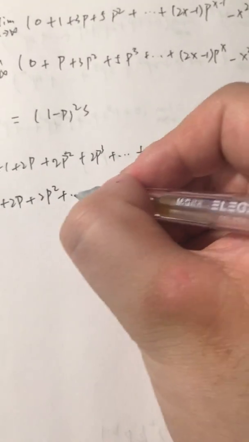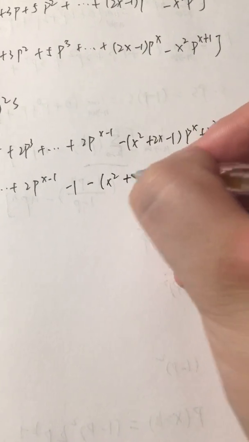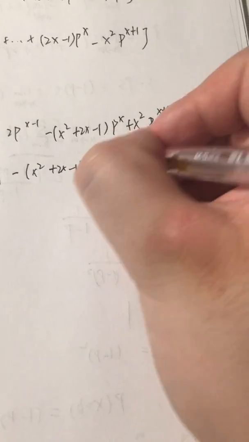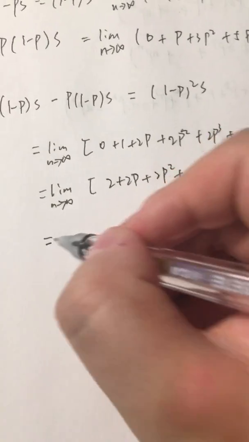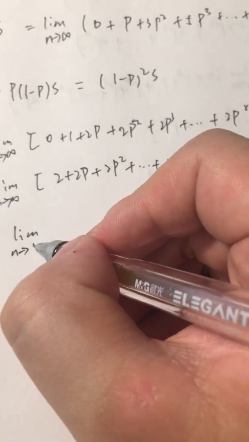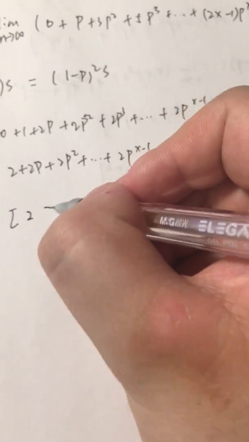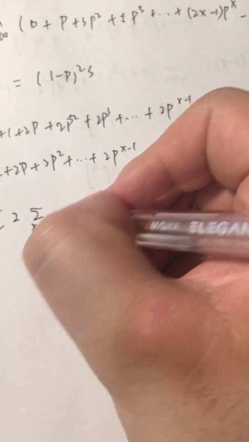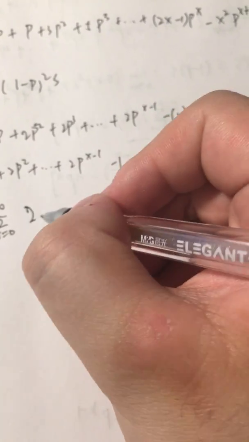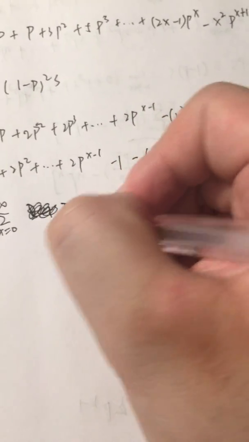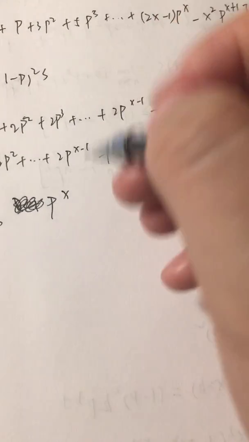2p squared plus up to 2p to the power x minus 1, minus x squared plus 2x minus 1 times p to the power x plus x squared times p to the power x plus 1, which is the limit as n goes to infinity of 2 times the sum over x from 0 to infinity of p to the power x, minus 1.